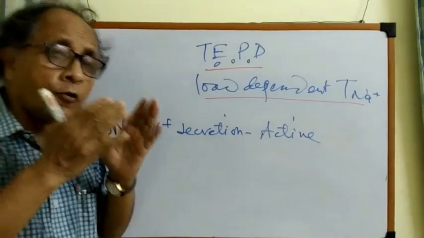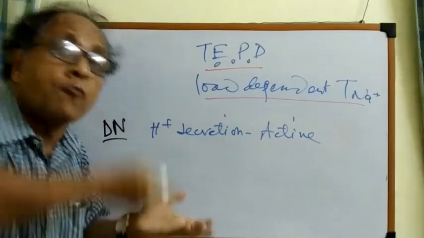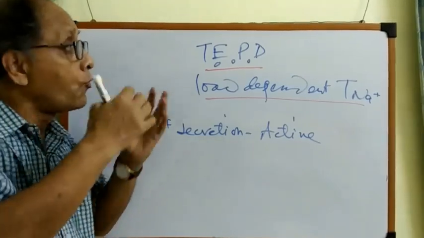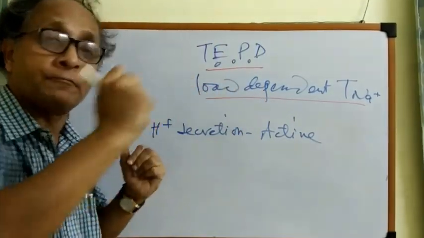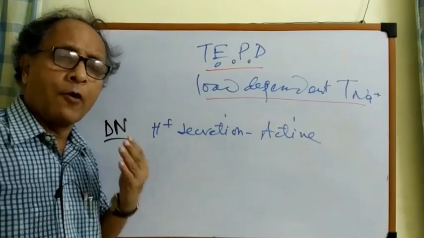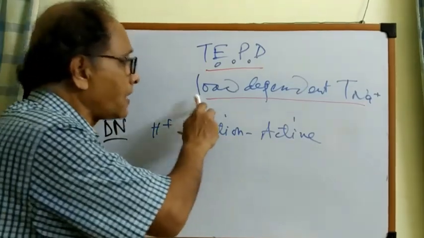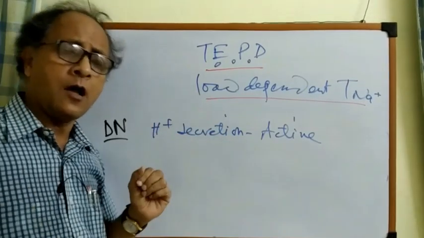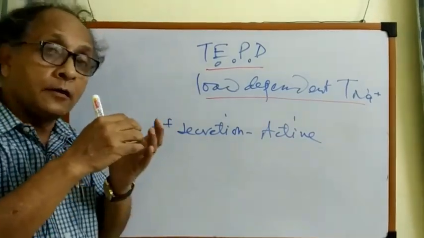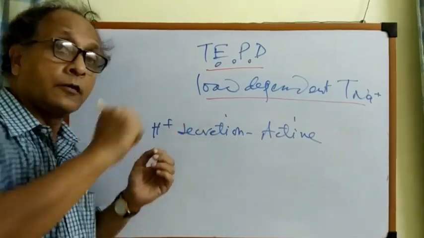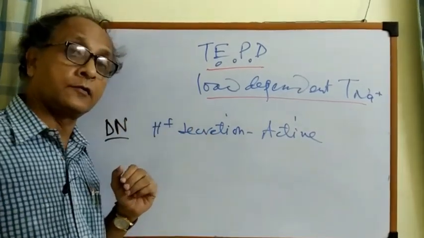So as more and more sodium is delivered in the distal nephron, more and more sodium will be reabsorbed out of the tubular lumen, and accordingly a greater lumen negative trans-epithelial potential difference will be developed. And that transluminal negativity will enormously help this active hydrogen ion secretion in the distal nephron.